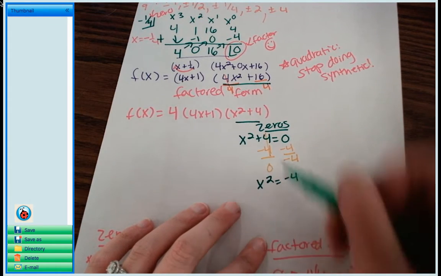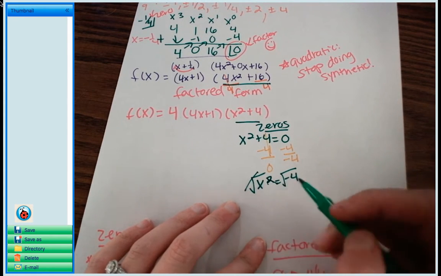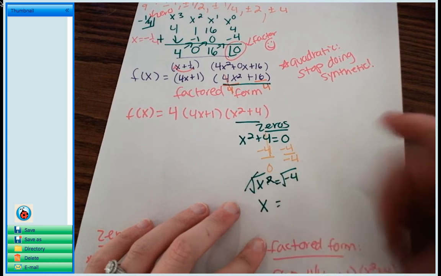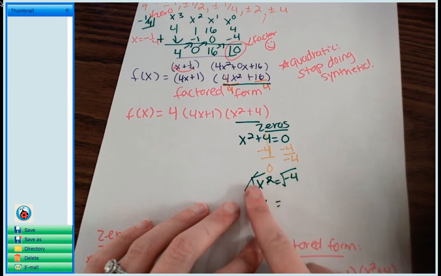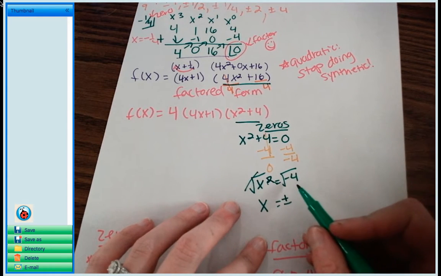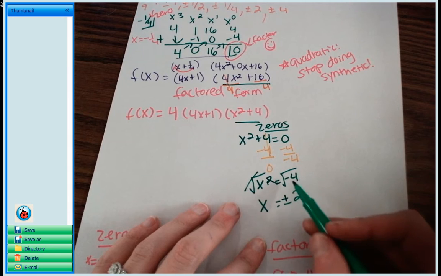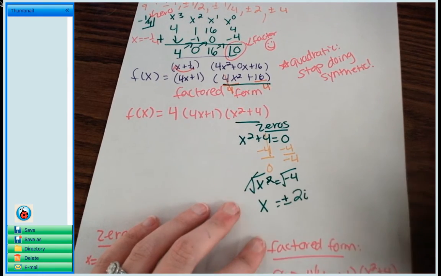Alright, the way we're going to undo a square is by square rooting that thing, which the square root will cancel out my squared. So I'm left with x. Do not forget, when you square root both sides, a plus or minus must pop up. The square root of 4 is 2. And then remember, if you have a negative under here, an i is going to pop out.